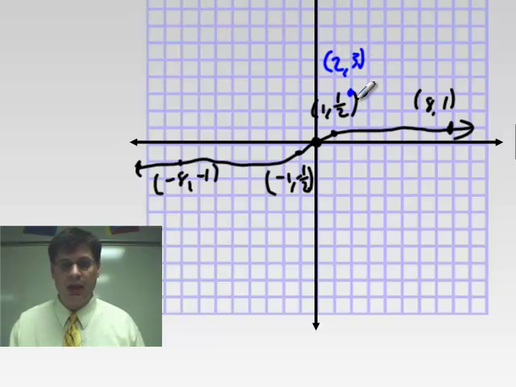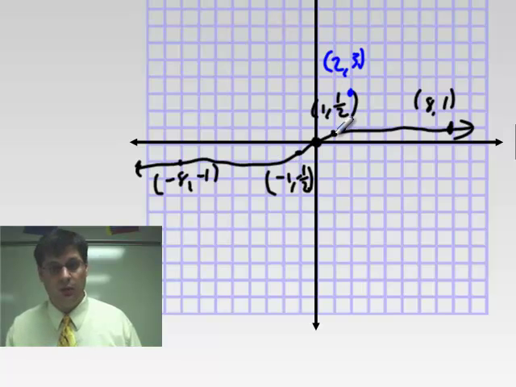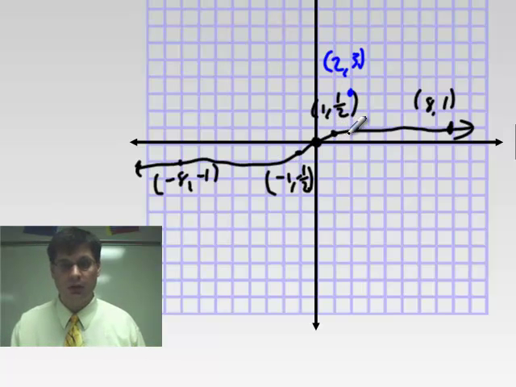Then I'll do the next one. I'm going to take this, go right 2, so 1 plus 2 is 3, and then go up 3, 1, 2, 3. That's just going to be 1/2 plus 3, which is going to be 3/2.